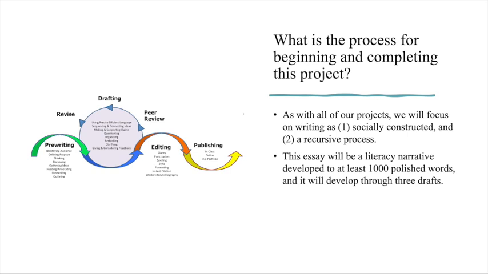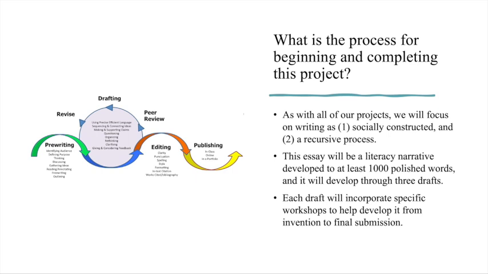And I say polished because by the time you submit into Canvas for that final time, they will be polished through a process of drafting that will include content workshops, collaborative peer review, and one-on-one conferences with me.